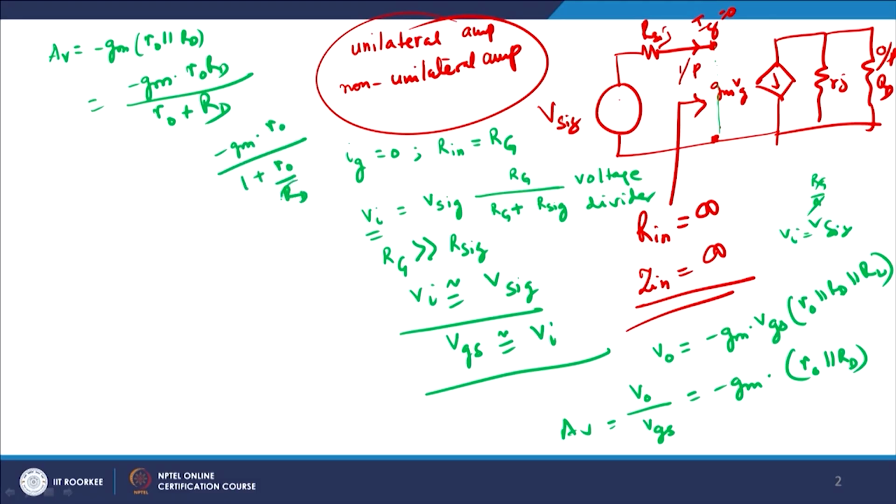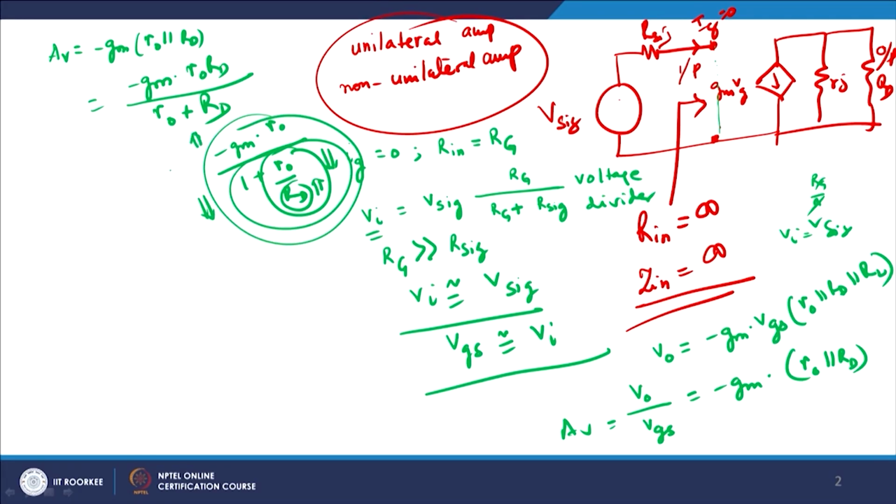So if you increase the value of Rd, this quantity will decrease, and therefore this whole quantity will increase, and therefore gain will become larger. So gain is directly proportional to Rd, as we have already learnt.